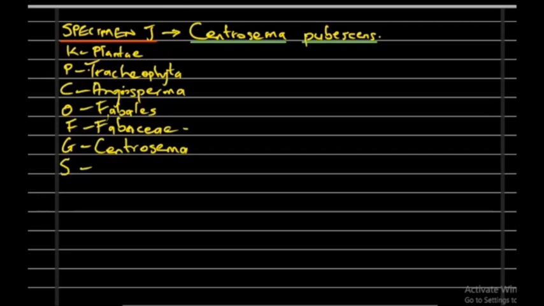Centrosema, and the species is pubescens. So that is how we arrived at the name of that particular substance. It is popularly called centro or butterfly pea.